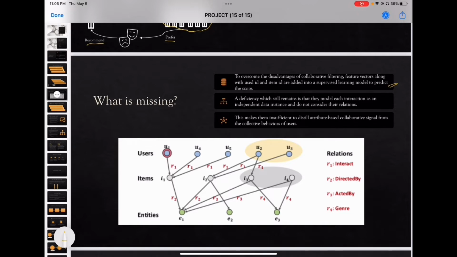To integrate such information, a common paradigm is to transform them into a generic feature vector together with user ID and item ID and feed them into a supervised learning model to predict the score.